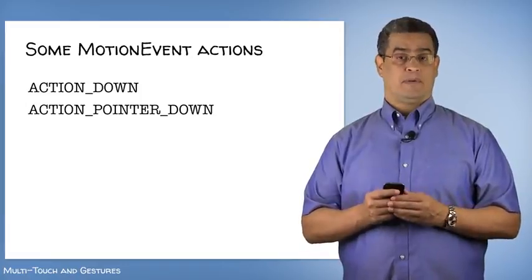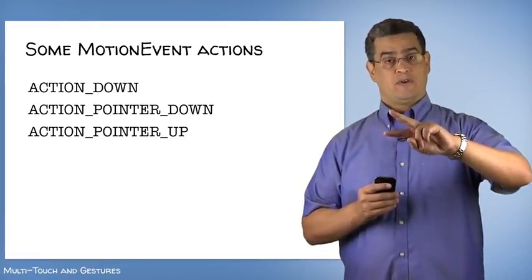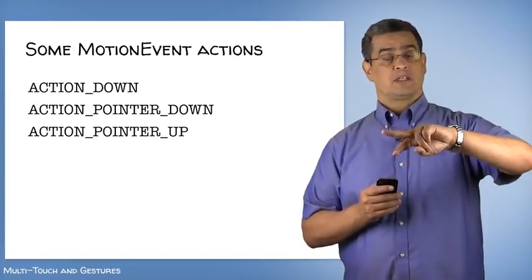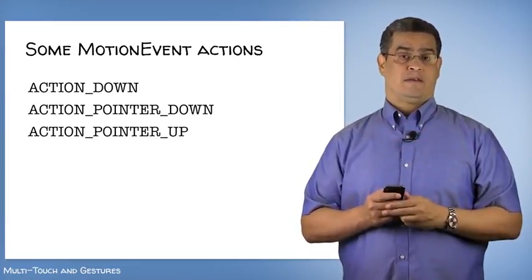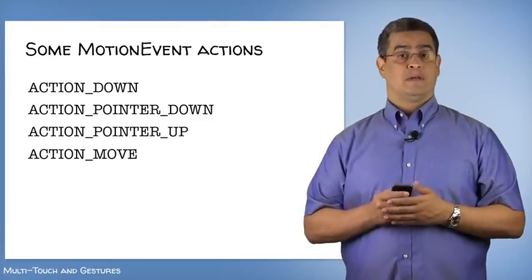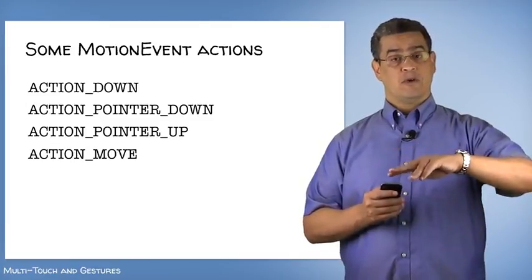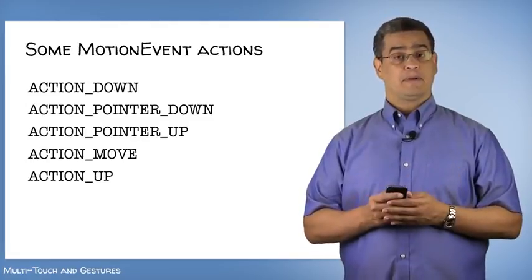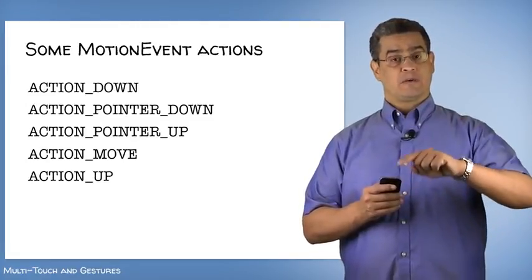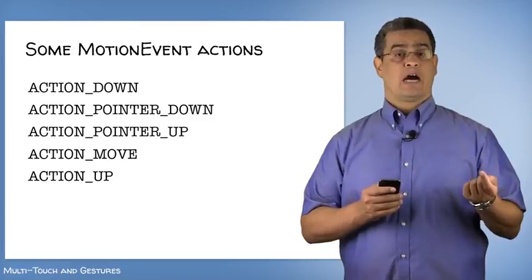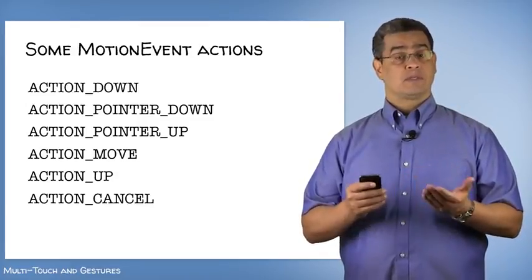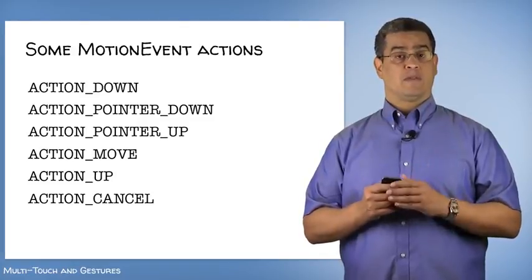Action pointer up. We've had an action down and an action pointer down, and now one of the fingers has stopped touching the screen. Action move. Some of the fingers that are touching the screen have changed their position. Action up. The last of the fingers that was touching the screen has now stopped touching it. And action cancel. Something has prematurely canceled the current gesture.